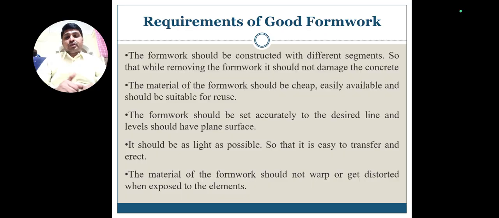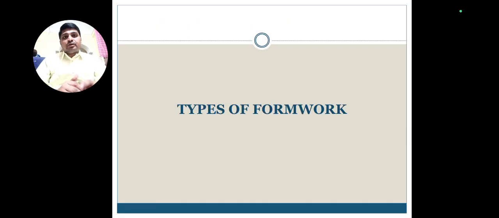It should also be as light in weight as possible, so that the transportation will also be easy. The material of the formwork should not warp or get distorted when exposed to the elements. These are the requirements for maintaining a good formwork.